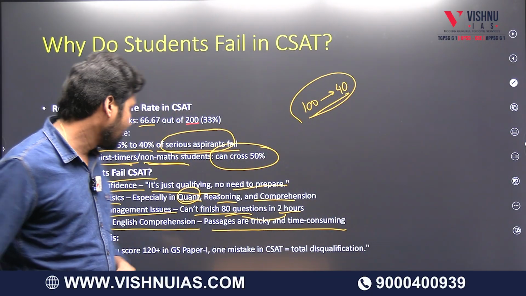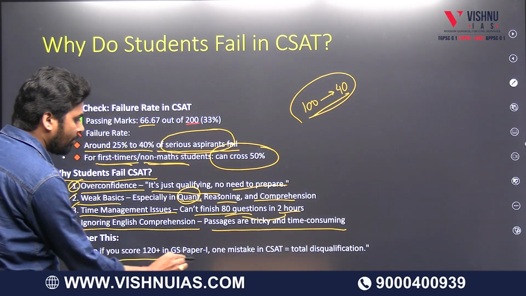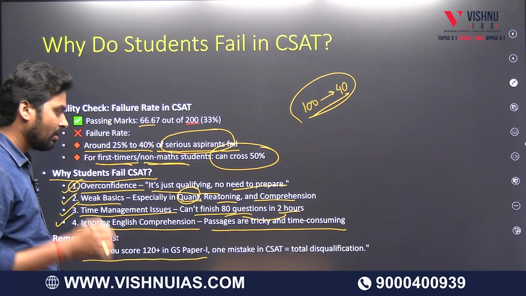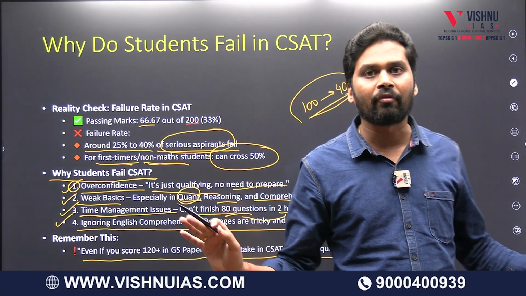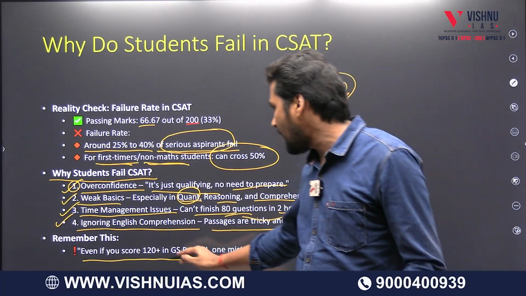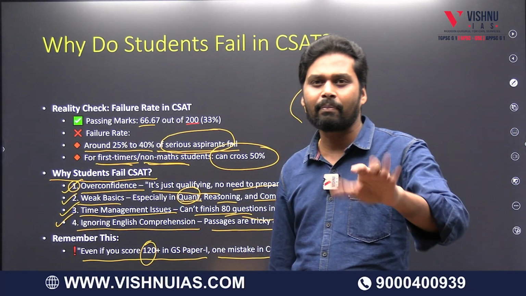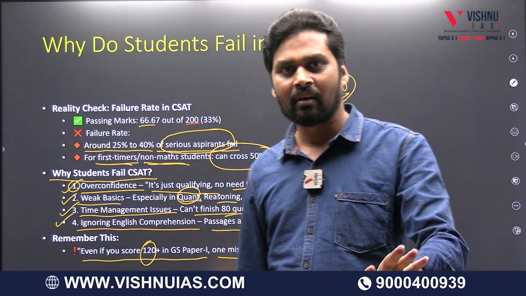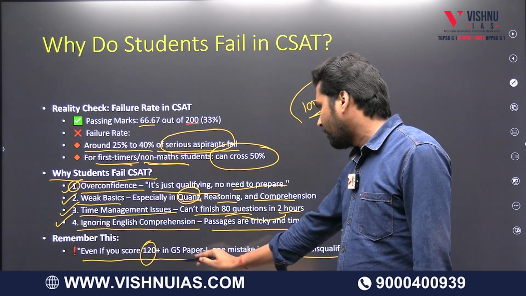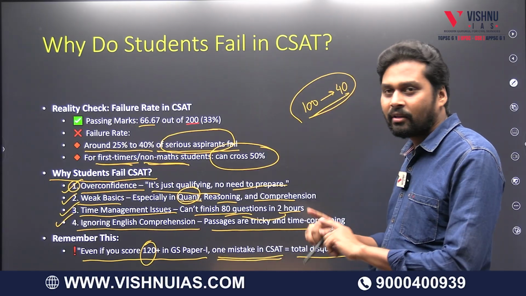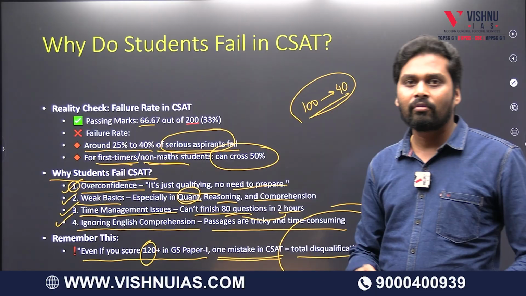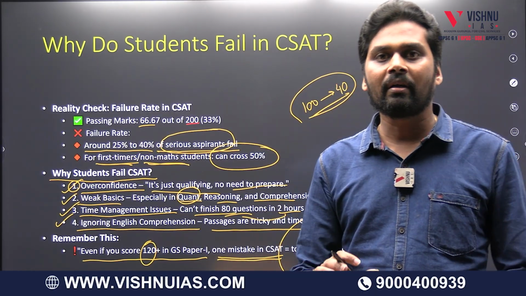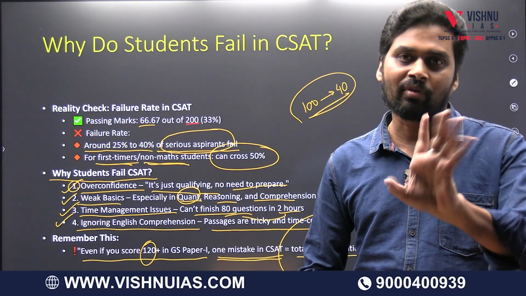And please remember this point. Even if you score 120 plus in GS paper 1, one mistake in CSAT is equal to total disqualification. If you don't qualify in CSAT, it doesn't matter if you get 120 plus, 130 plus, 140 plus, 150 plus. If you do not qualify in this paper, it totally kills your dream of becoming IAS or IPS, at least for 1 year.